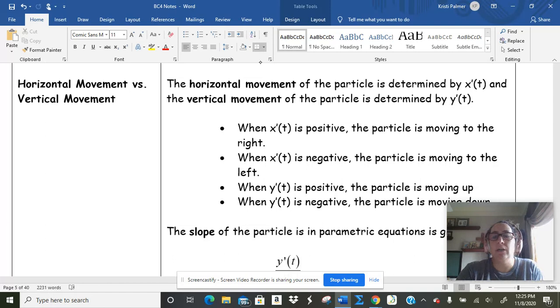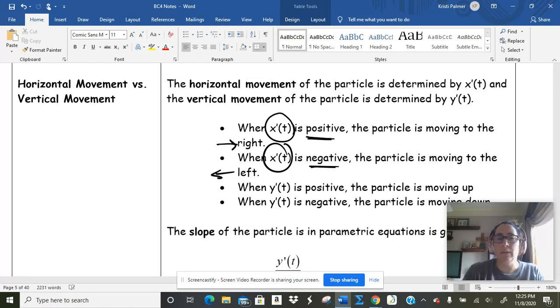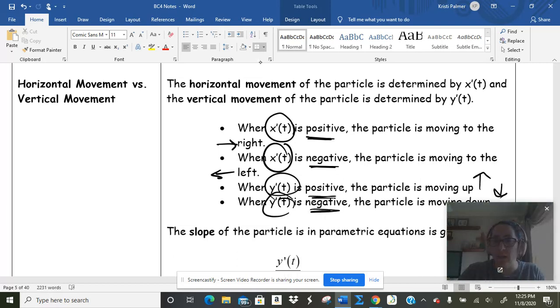If the derivative of x is positive, then I'm going to the right, and if it's negative, I'm going to the left. When the derivative of y is positive, I'm going up. When the derivative of y is negative, I am going down. So it's just breaking it up into more pieces.